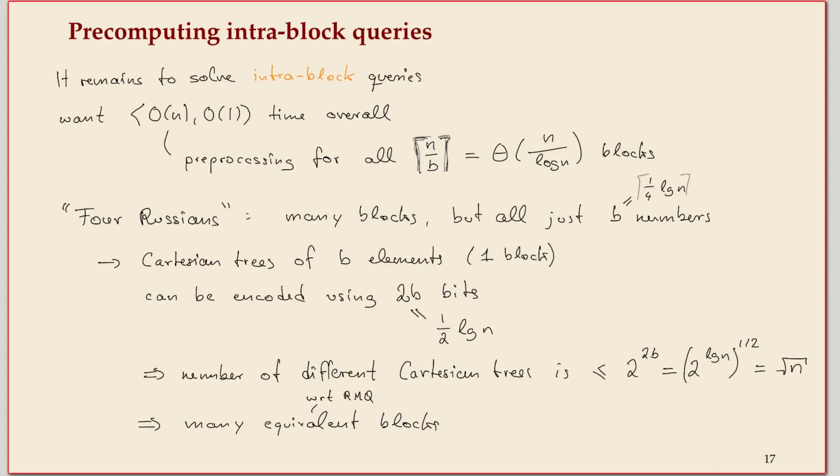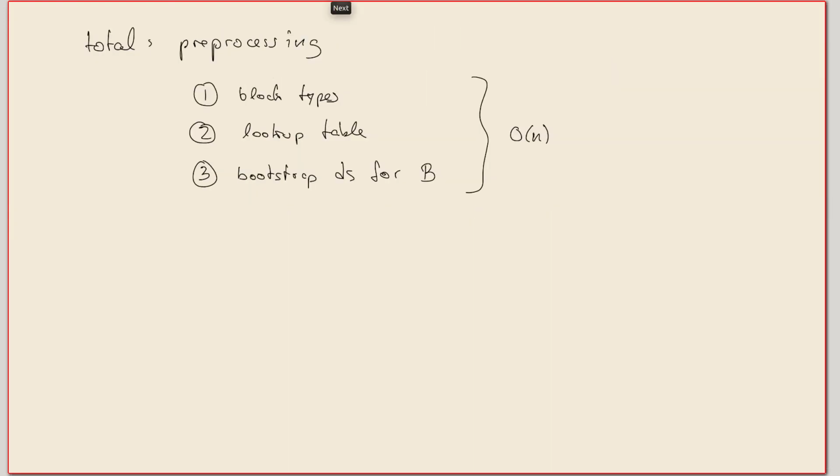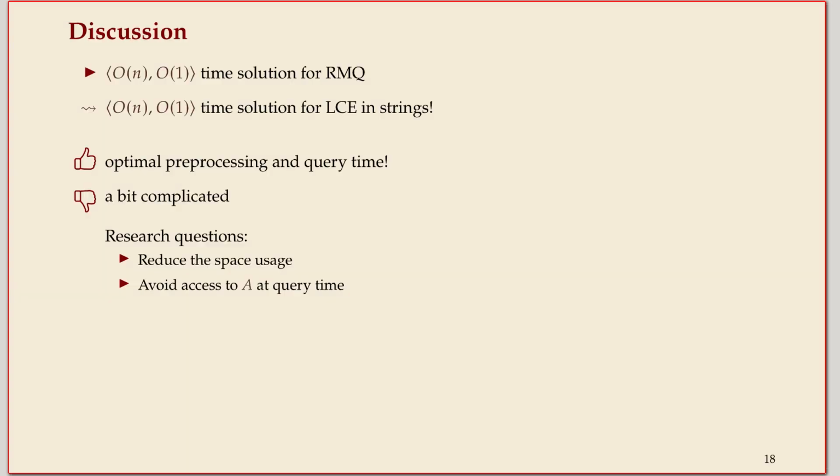That can also be done in constant time. And that's the final result of this unit. It's a linear preprocessing constant query time solution for the range minimum query problem.